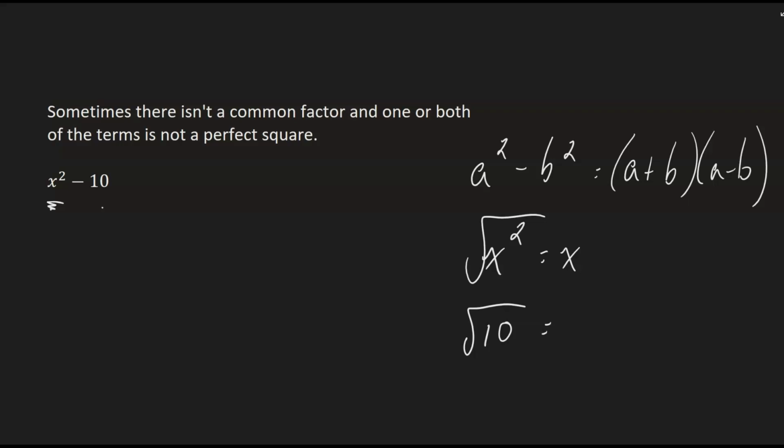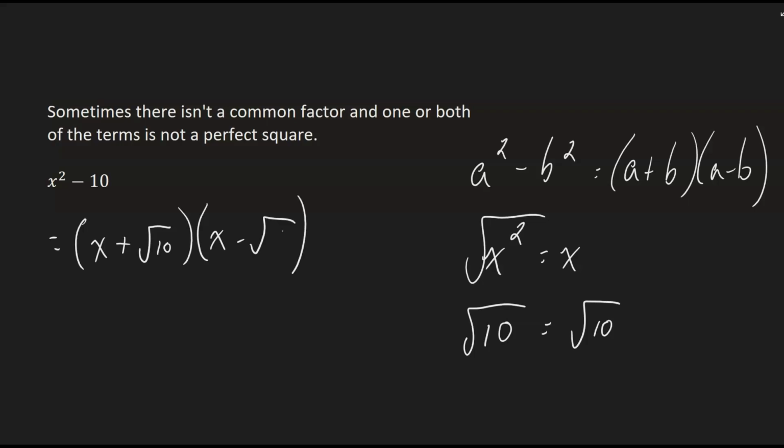So in fact, it's really just better to leave it as root 10. That is its most accurate way of writing it. So let's leave it as root 10. That means this is going to factor into x plus root 10, x minus root 10.